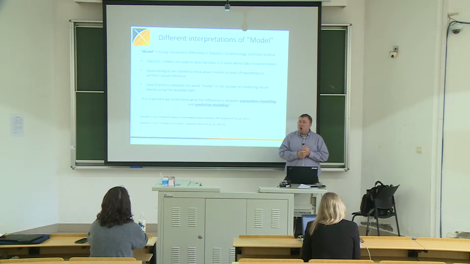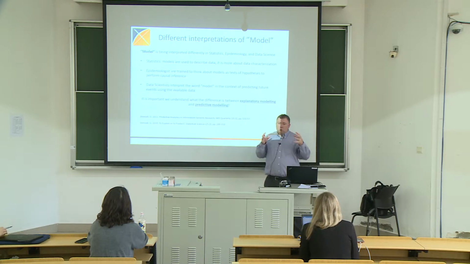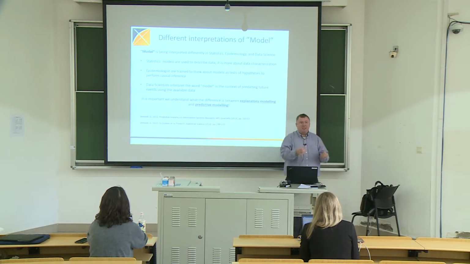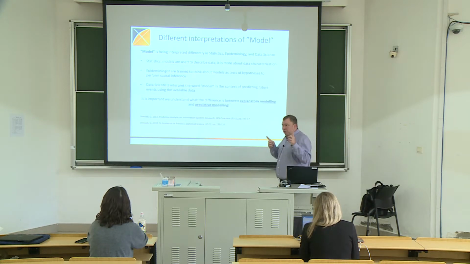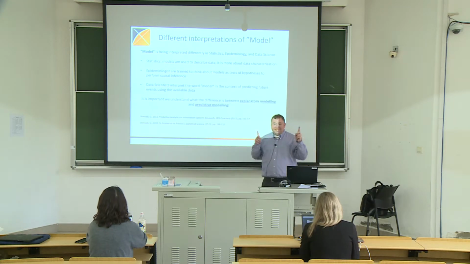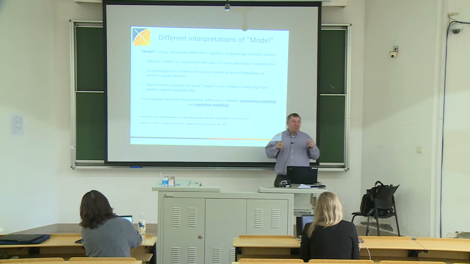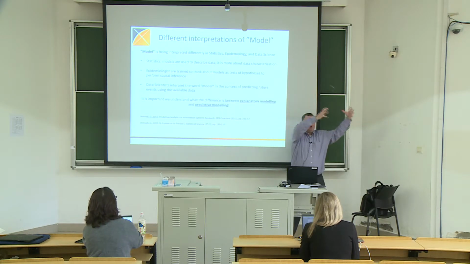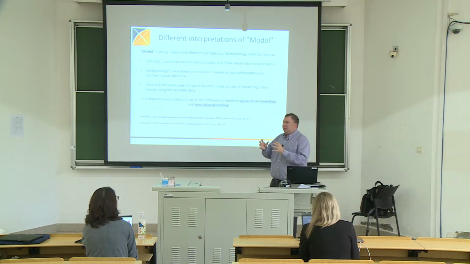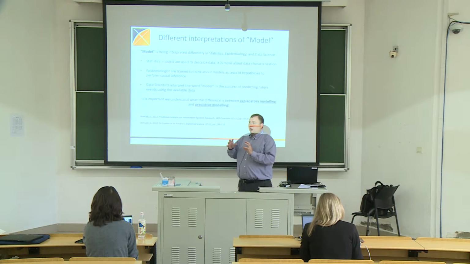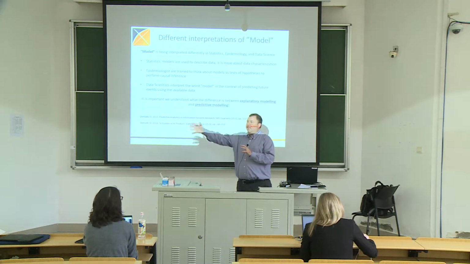Epidemiologists, though, talk about models differently. They talk about models as a tool to test hypotheses about causal inference. And so even though they're both using the word model, those are very, very different things. The statistician is just describing an abstraction of the data, whereas the epidemiologist is using the model to try to test what's happening in the world.